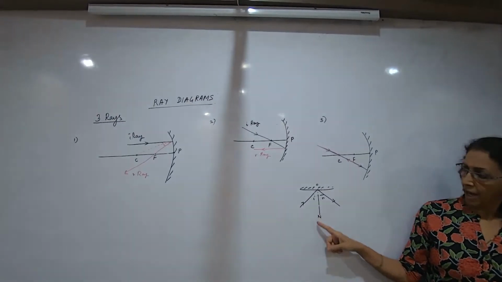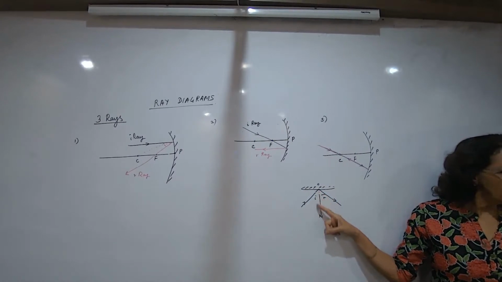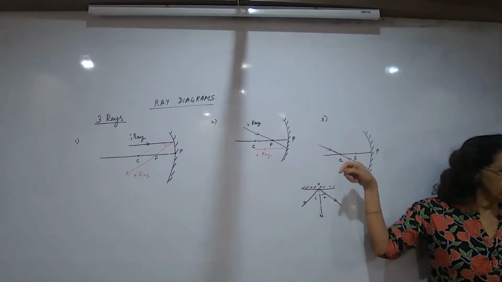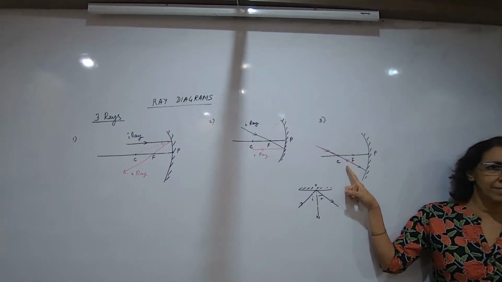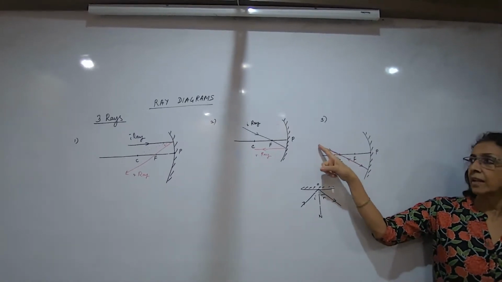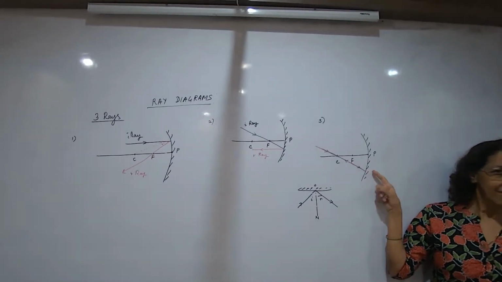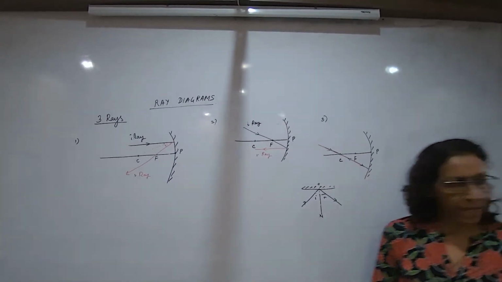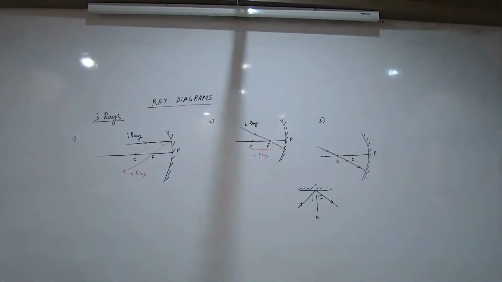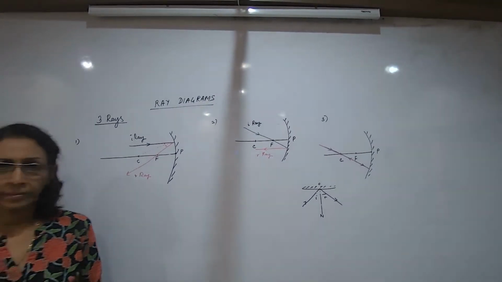Did you understand? An incident ray on the normal will come back. That means the reflected ray will also come back on the normal. Same thing is happening here. Incident ray passing through C is nothing but the normal. So the reflected ray is also coming back the same way. Got it? Okay. Third figure.